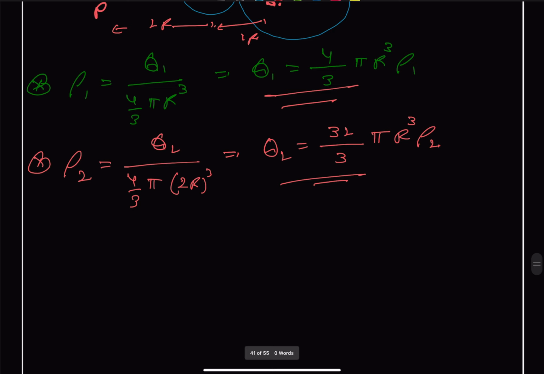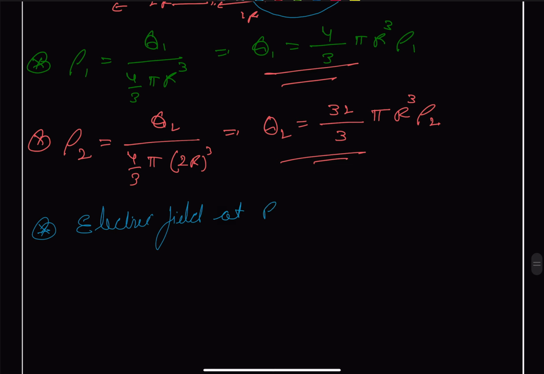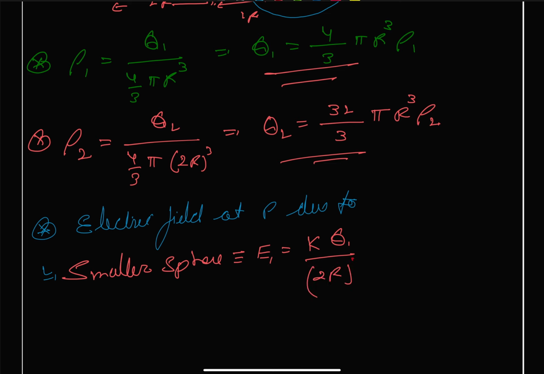So, because of the smaller sphere, we can say the electric field at point P due to the smaller sphere, let us call that E1, will be equal to k q1, and the distance is 2r, whole square, which comes as k q1 upon 4r square. And the direction will be towards the right.